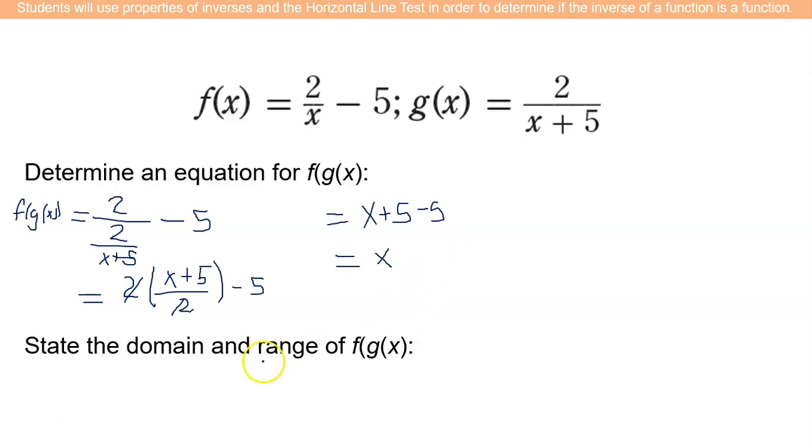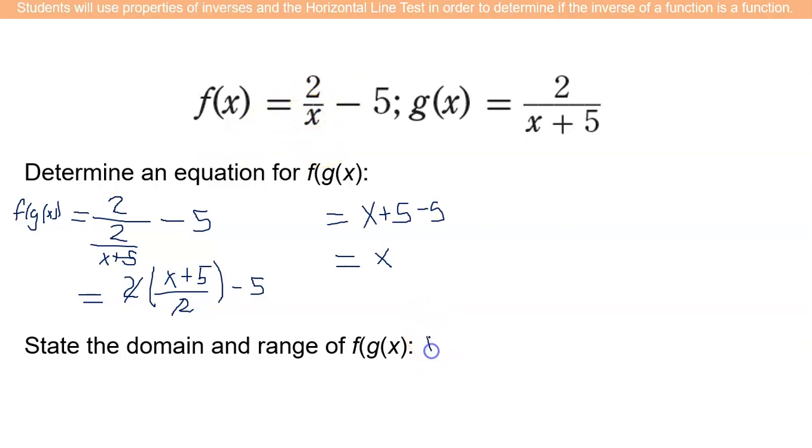So what would our domain and range be for this? Well, our domain is the domain of f, or excuse me, the domain of g, which also works in here, the range of g that works in here. Well, our range of g was all real numbers except 0, right? That works here because we can't let this be 0.